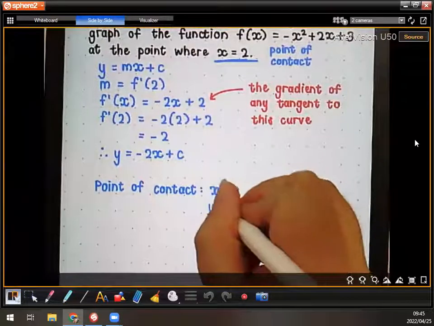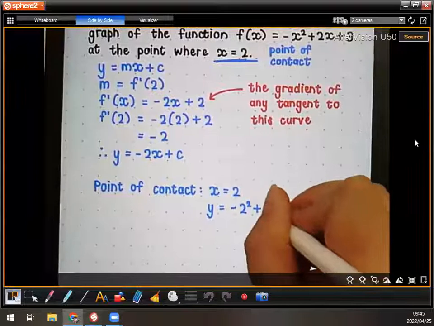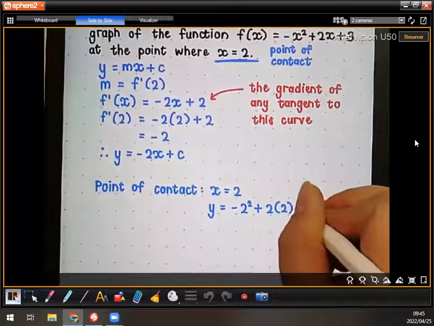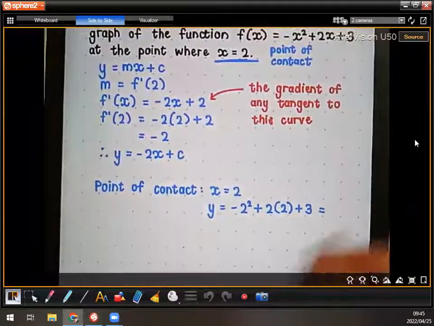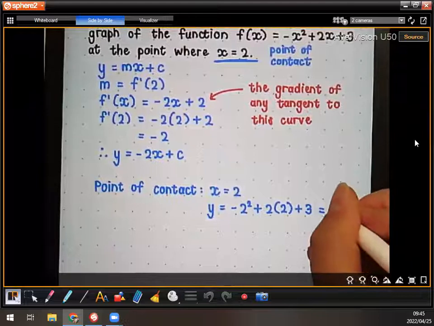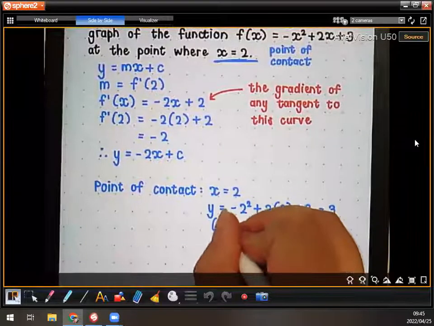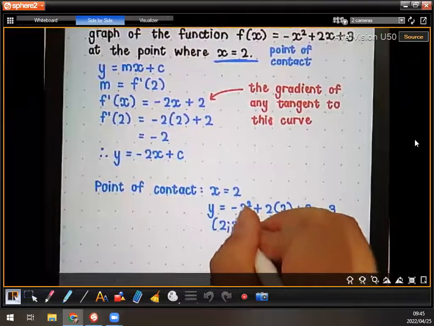So y is going to be negative 2 squared plus 2 times 2 plus 3. Okay, so what is it? Negative 4 plus 4, that's 0, plus 3 is 3. So the point of contact is the point 2, 3.